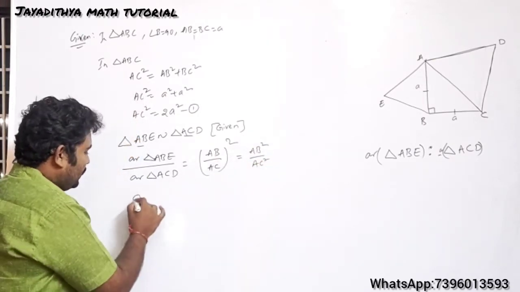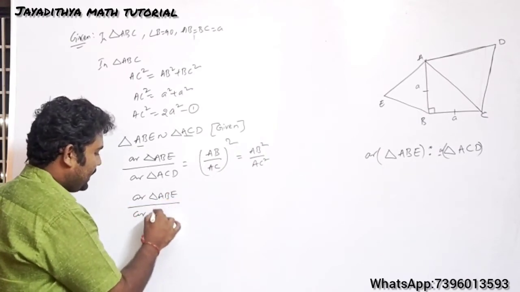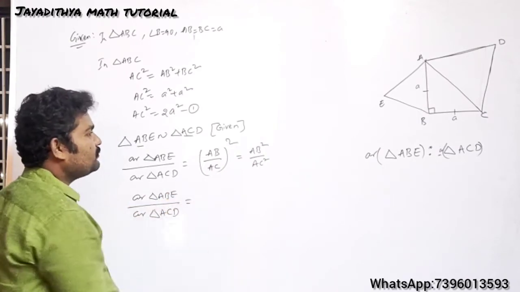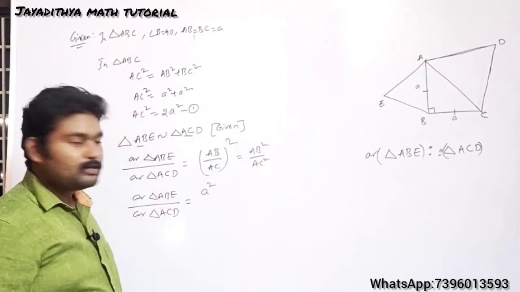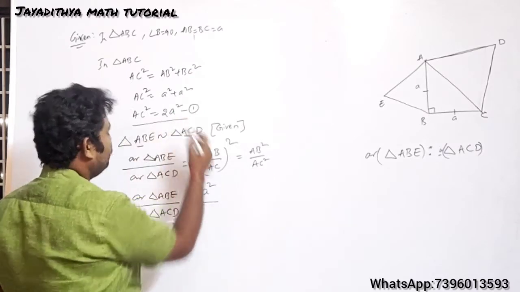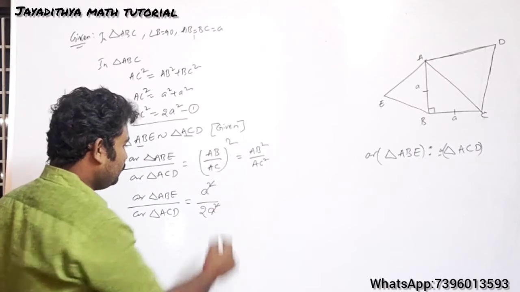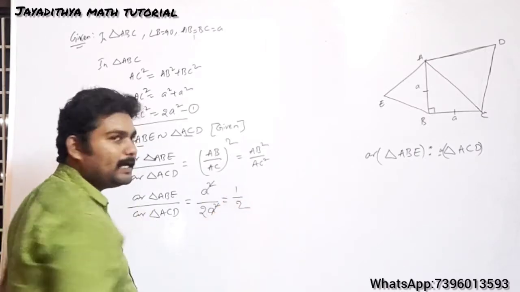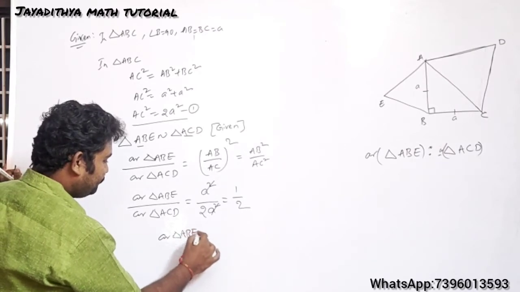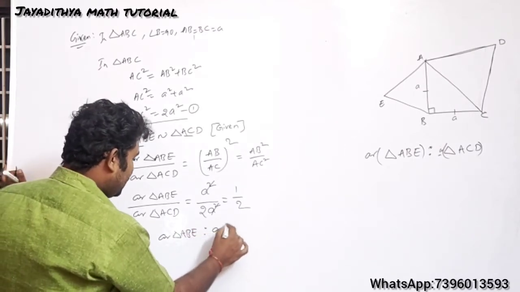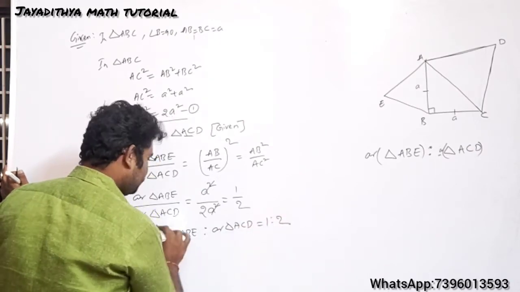AB we have taken as a, so AB square will be a square. And AC square we already got, that is 2a square. So you cancel out a square and a square, you will be left with 1 by 2. So our answer: the ratio of the areas of triangles ABE and ACD is equal to 1:2.